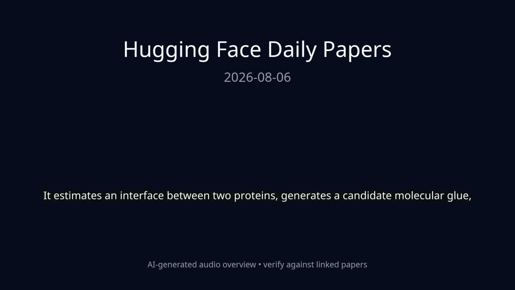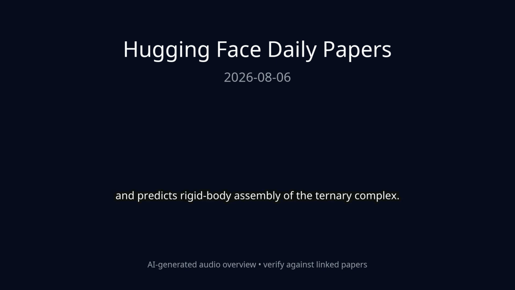It estimates an interface between two proteins, generates a candidate molecular glue, and predicts rigid body assembly of the ternary complex. On 94 held-out complexes, average ligand displacement is 5.22, compared with 6.27 to 8.16 for 3 molecular generation baselines.